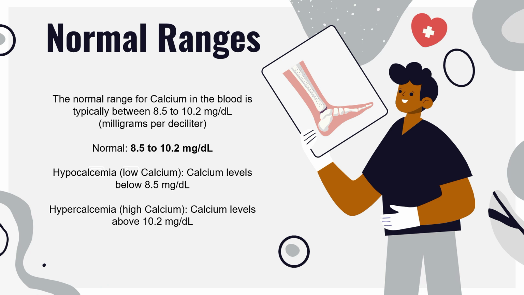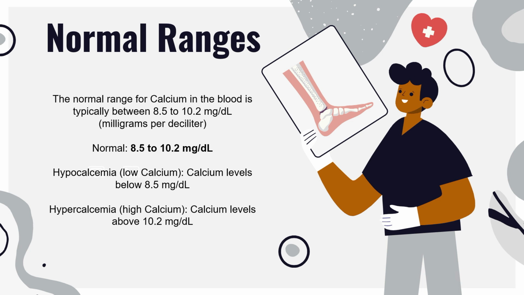So what are the normal ranges of calcium in the body? The normal range for calcium in the blood is typically between 8.5 to 10.2 milligrams per deciliter. Again, that normal range is 8.5 to 10.2 milligrams per deciliter. In cases of abnormally low calcium, known as hypocalcemia, the calcium levels will fall below 8.5 milligrams per deciliter.